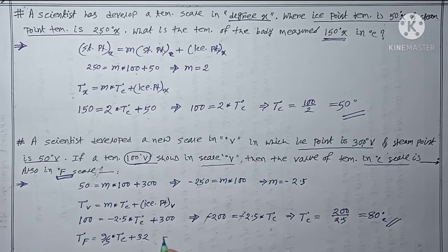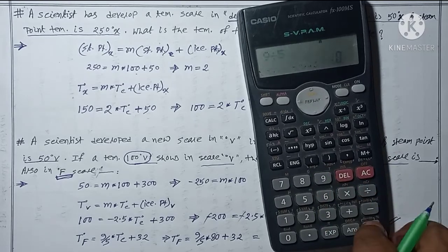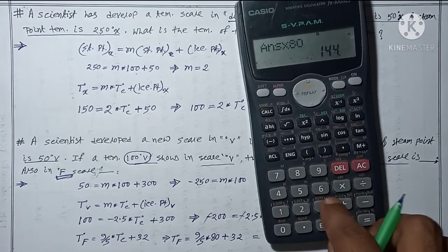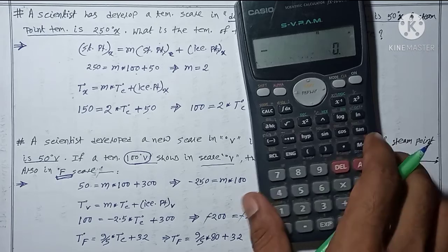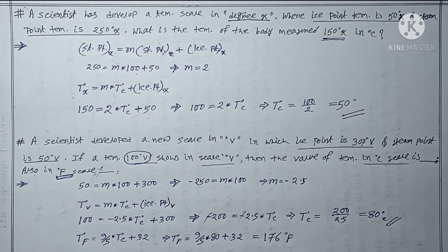So here T degree Fahrenheit is equal to 9 by 5 into 80 plus 32. So we are getting 176 degree Fahrenheit. I hope the basic concept is clear with the relations between all the scales.